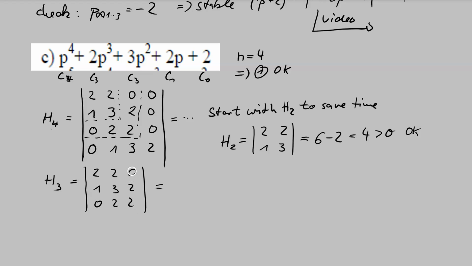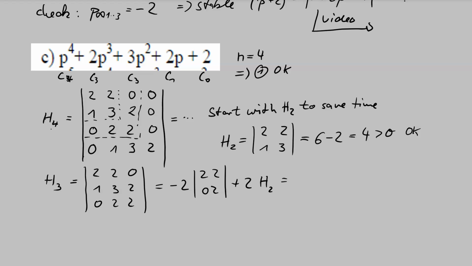I recommend to do this because you will see at once this is 0 times anything is 0, minus this coefficient times the determinant 2, 2, 0, 2, plus the determinant 2 times, yeah. And now you see, if I develop for this column, I need H2, and H2 is already calculated. So if you have complicated numbers, of course, then you can easily say, okay, this is H2.